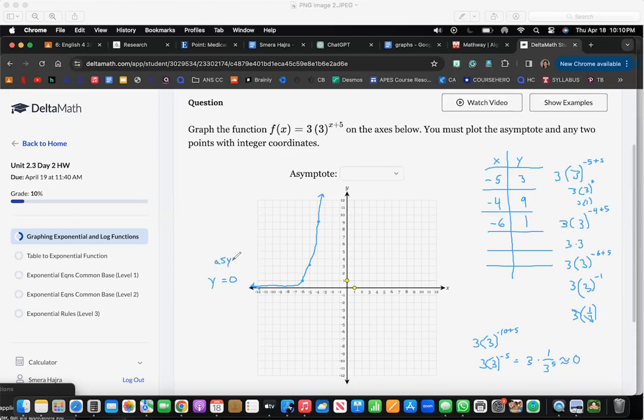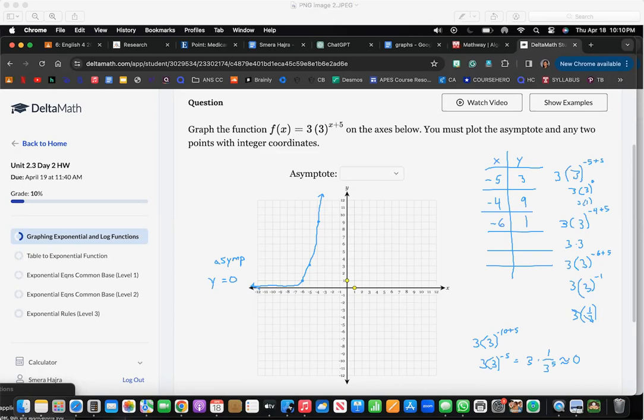And all these asymptotes for these kinds of functions, exponential functions, are going to be horizontal. So we can make that a rule. So let's say rule: asymptotes for exponential functions are horizontal.